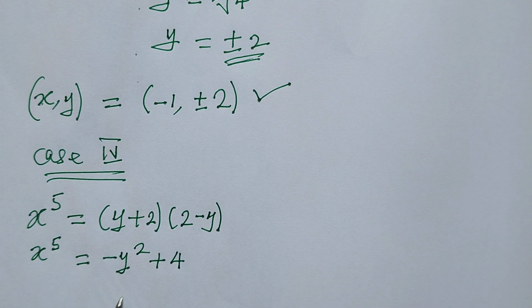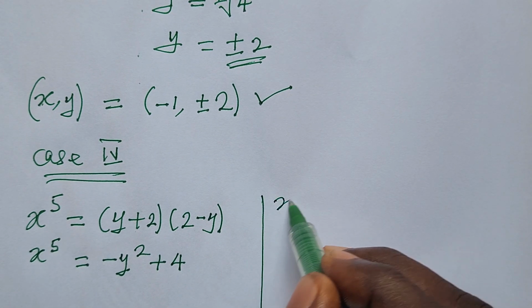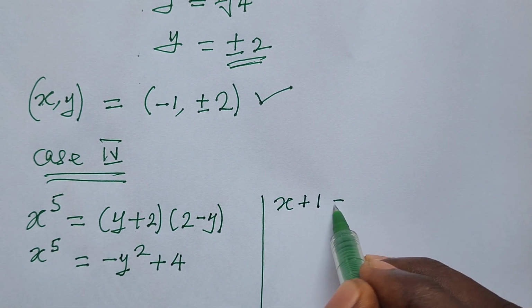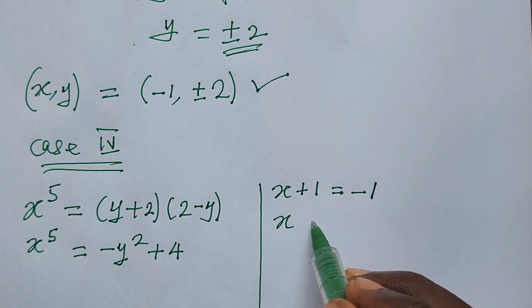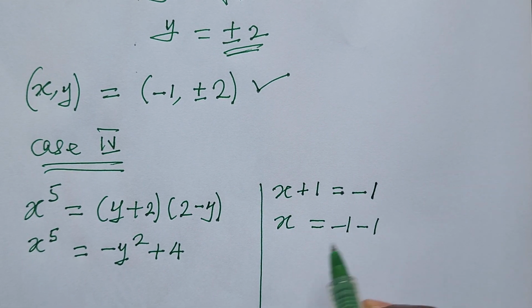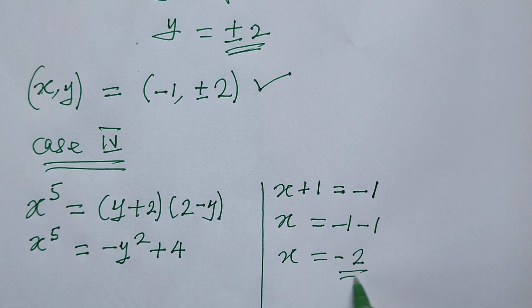So how do we solve for y in here? We consider the other side of it now. Then we're going to have x plus 1 equal to minus 1. So this is going to give us x equal to minus 1 minus 1. We have x is equal to minus 2.